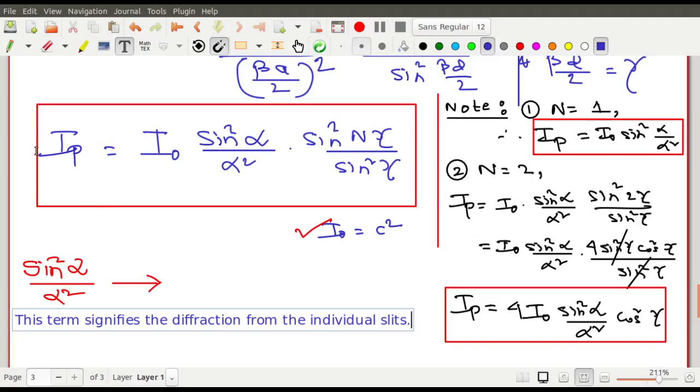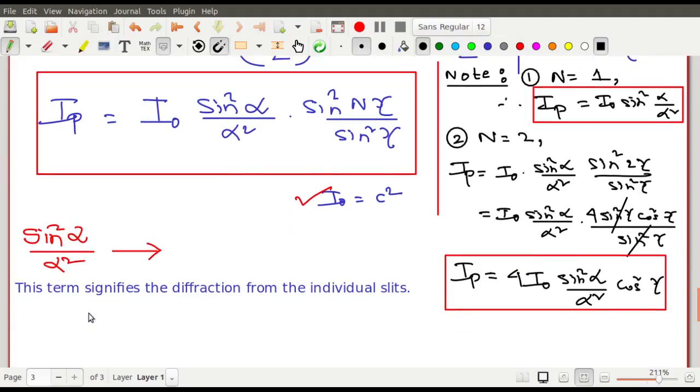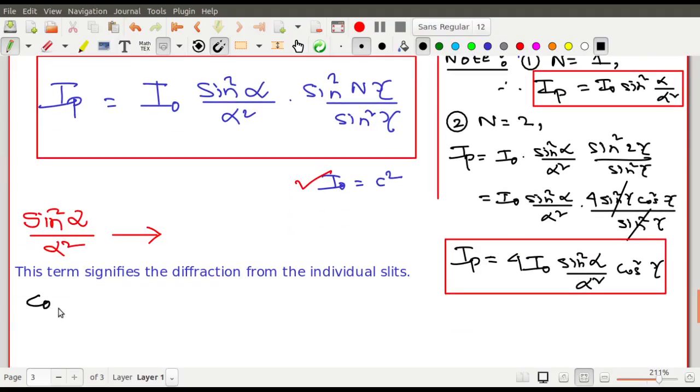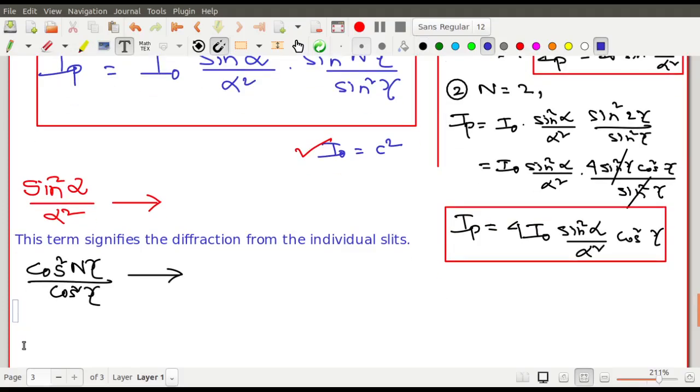So this is the diffraction, and you have come to know from your last class of double slit that the remaining term is cos square n gamma by cos square gamma. What is the purpose of this term? This is the interference of the diffracted light.